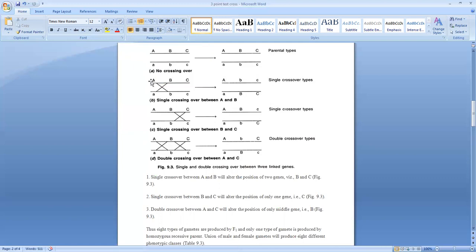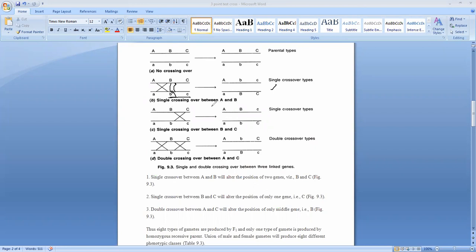That means A and B are non-linked genes, and B and C are the linked genes. So if crossing over is seen, this BC will go up and this BC will go down. Similarly, with AB, this BC will come up and this BC will go down. This is a single crossover.